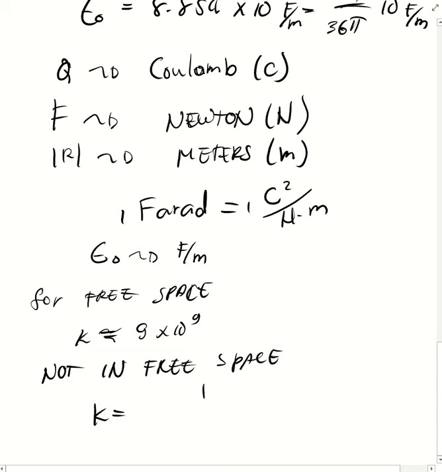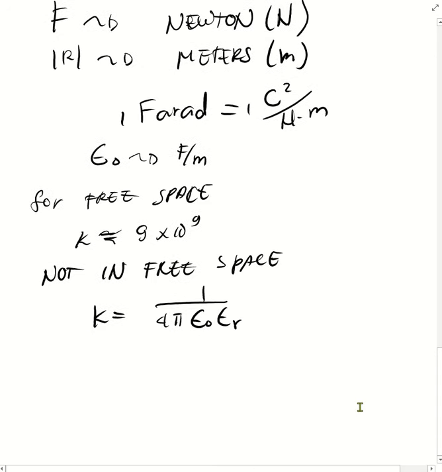K will be equal to 1/4 pi epsilon naught times another permittivity, epsilon r, the relative permittivity, because it's not free space.